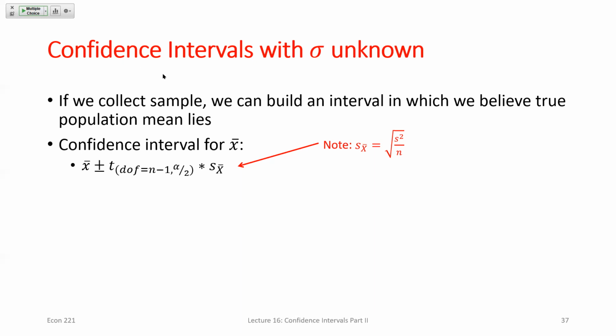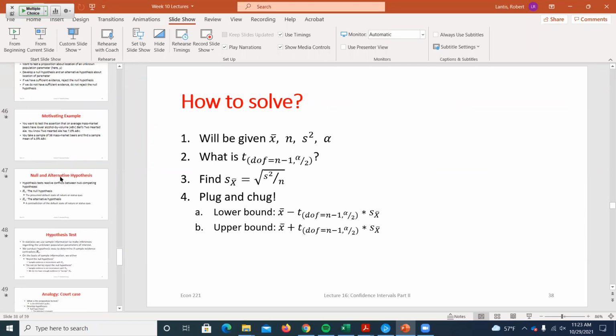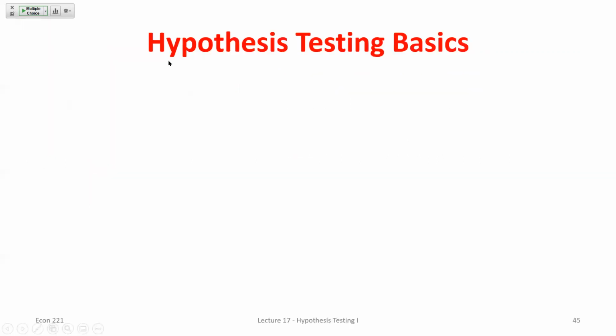All right, so we went through this last class. The next thing we're going to do is extend off of this idea of the confidence interval. What we're trying to do is pinpoint where the true value for the population mean or population proportion is.